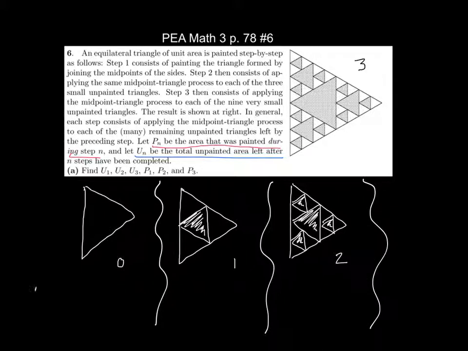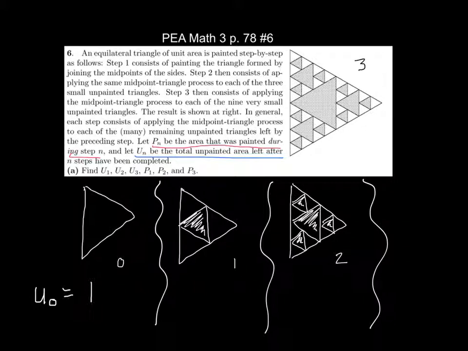So U0, this is a unit triangle, which means it has area of 1. Okay? So on this very first picture, how much of that is unshaded? All of it. So the actual answer for U of 0 is just 1. That is our starting point. The fraction of it that is left unshaded is the whole thing, 1.